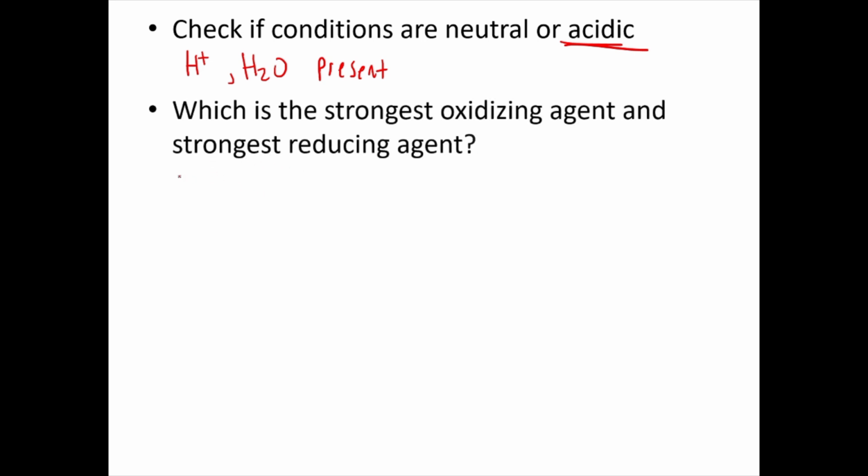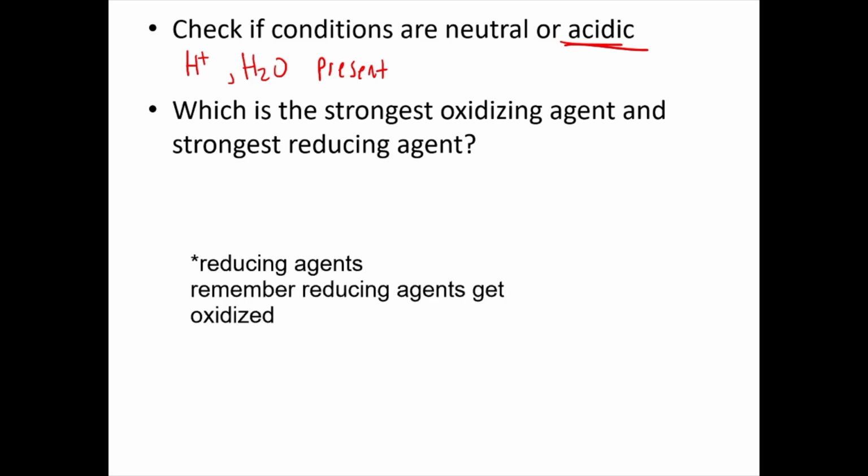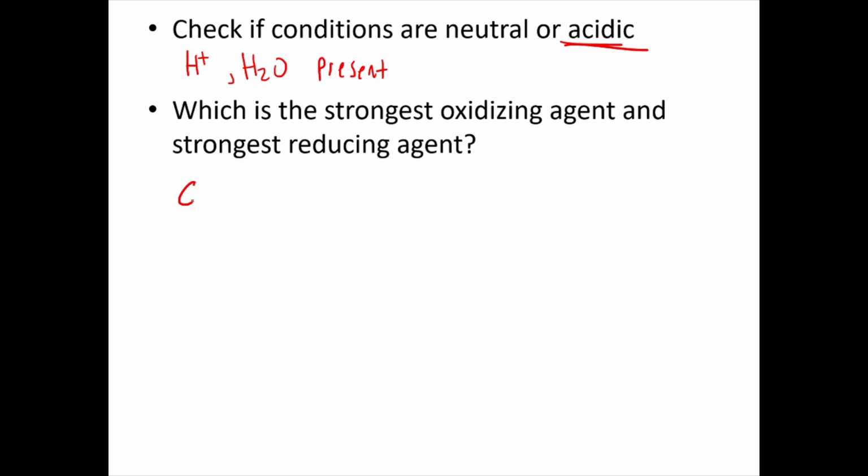So of our things that could get oxidized, the oxidizing substances, we have chlorine. So chlorine ions can get oxidized to make chlorine gas and electrons.